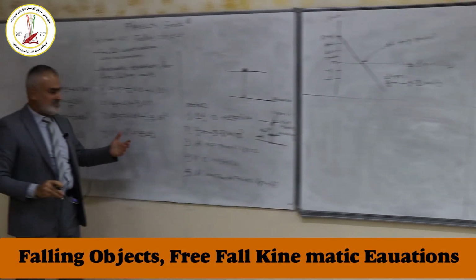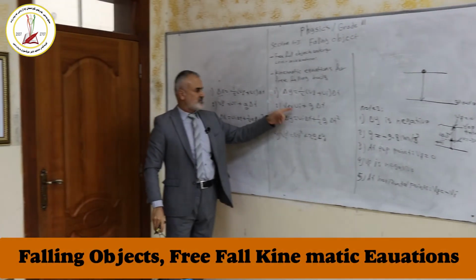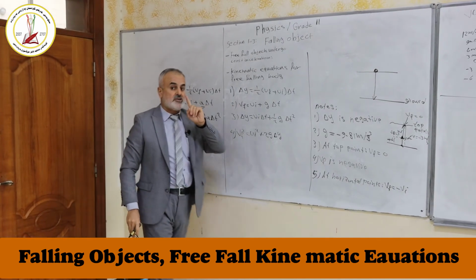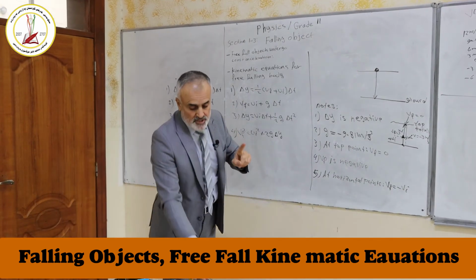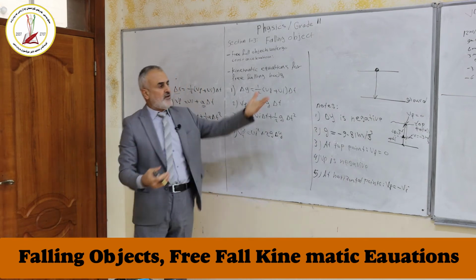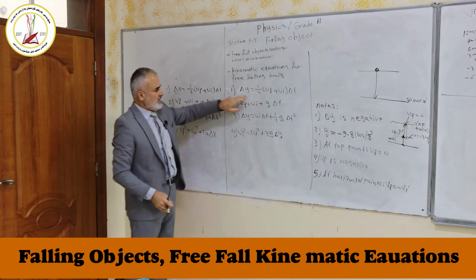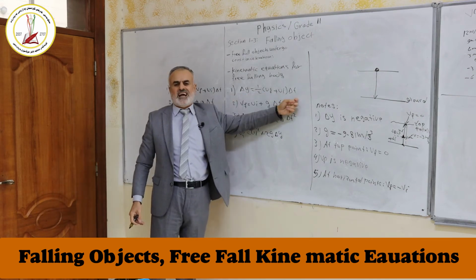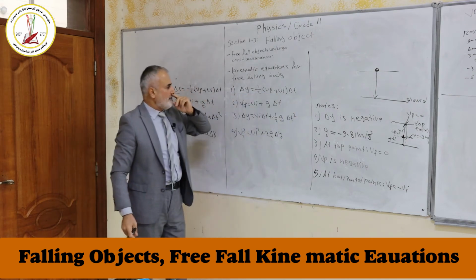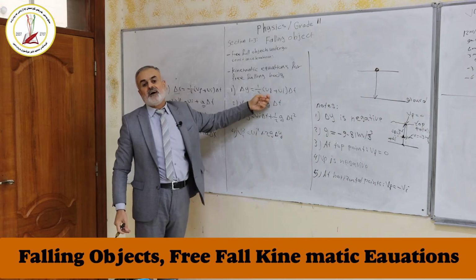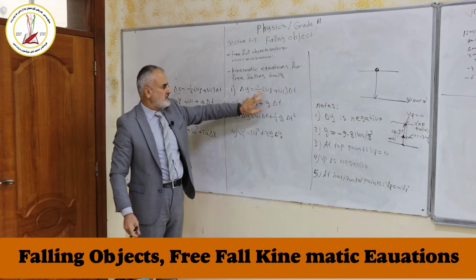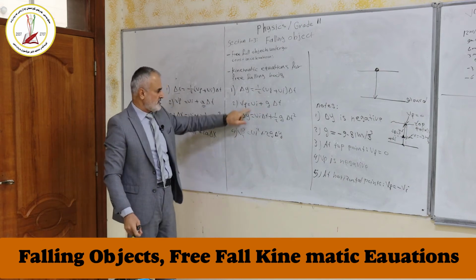How can we solve this question? Let me return to our equations. We have these 4 equations. Which equation can we use in order to find delta t? Let me start from this equation. It includes delta t, but we don't have the final velocity, so we cannot use it. Let me come to this equation.